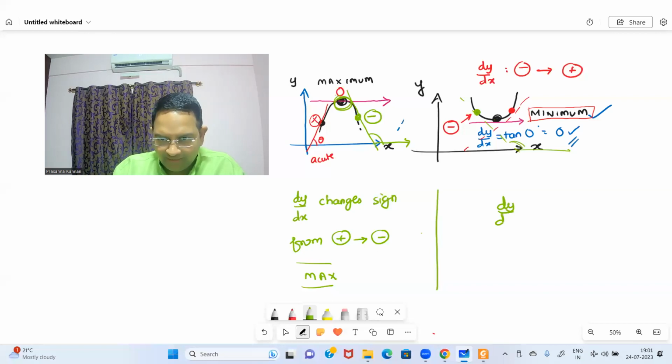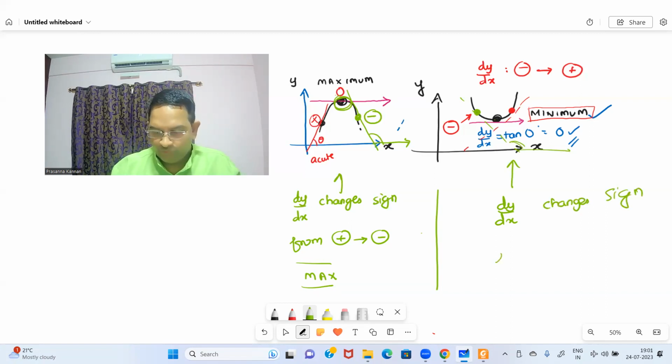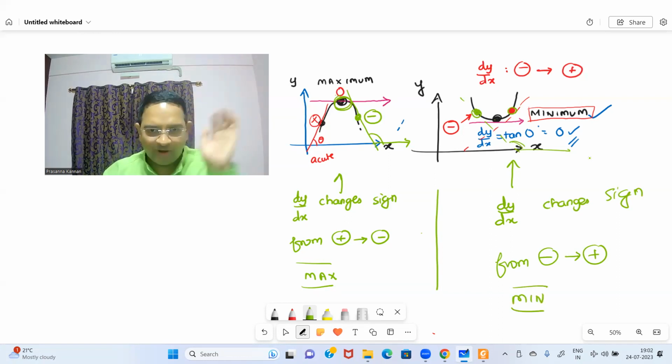On the other hand, if dy by dx changes sign from negative to positive, here dy by dx is negative, here it is positive, then the point we are talking about is a minimum. Are you clear now?